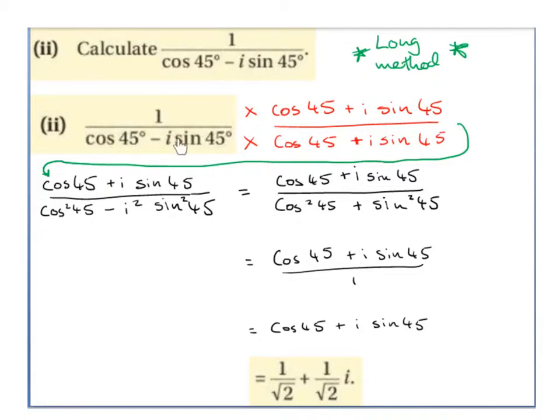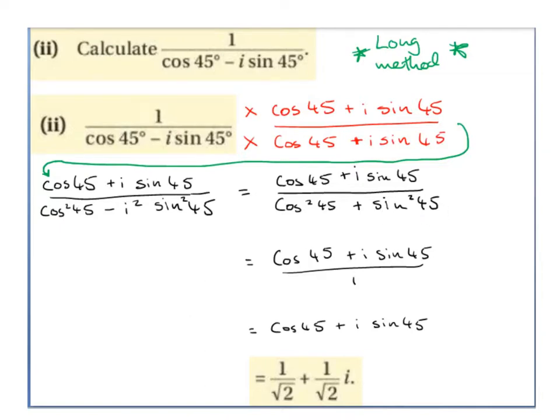And then multiplying minus I sine 45 degrees by positive I sine 45 degrees, we get minus I squared sine squared 45 degrees. Minus I squared is minus minus 1, and minus minus 1 is plus 1. And 1 multiplied by sine squared 45 degrees is positive sine squared 45 degrees.